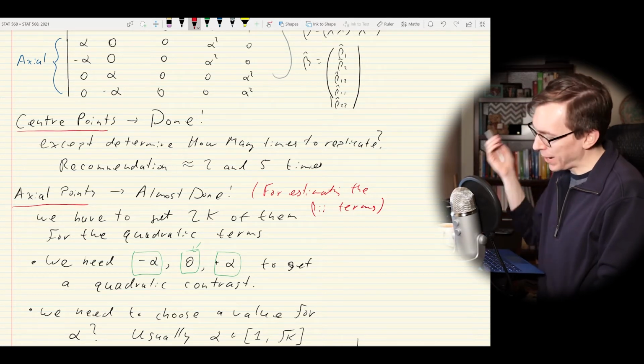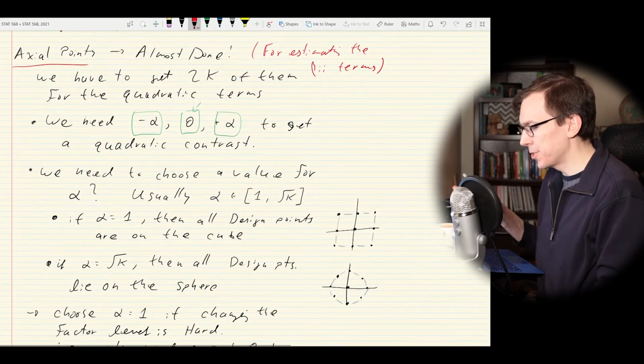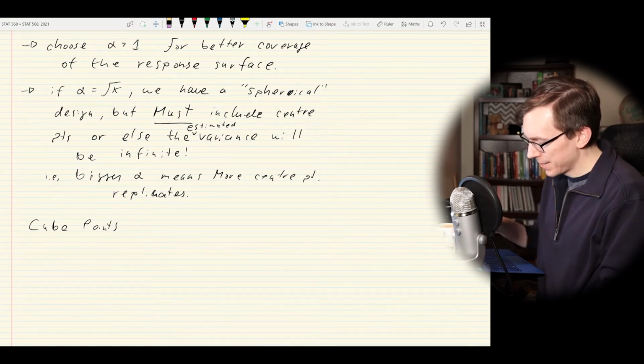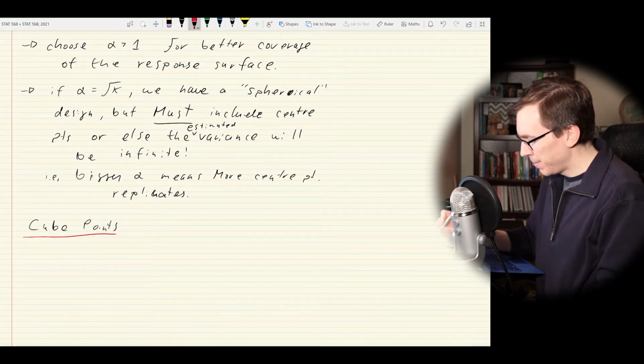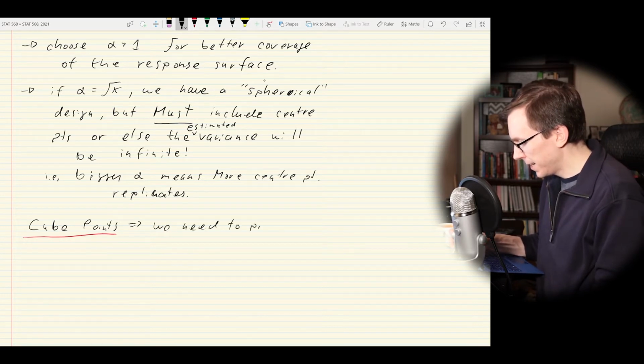The axial points, we have to figure out what alpha should equal, and there is some reason to choose one or the other. Now, when we get to the cube points, basically, we need to pick a 2 to the k minus q design.